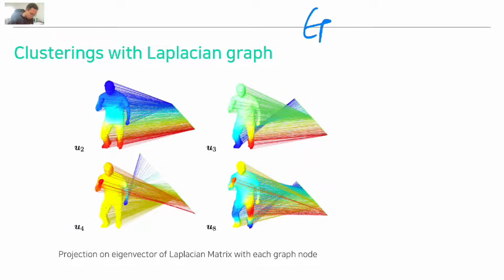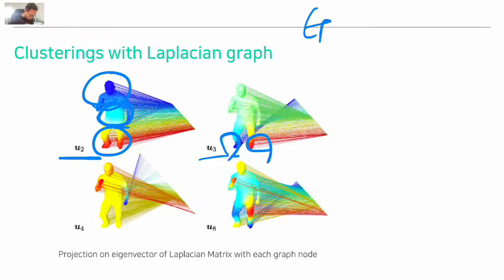And when we backtrack to the actual nodes in the human body, we are able to identify the head, the middle part, and the bottom part using the second eigenvector. What about U3? It identifies the left and right foot. The fourth eigenvector is able to identify the left hand and right hand.